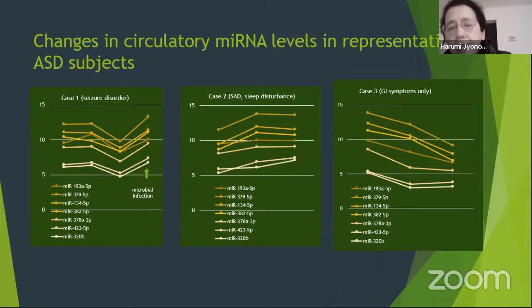And number 3, these are patients. The third patient has significant GI symptoms, but he did respond to a lot of probiotics, antifungal or other dysbiosis treatment, and dietary intervention.